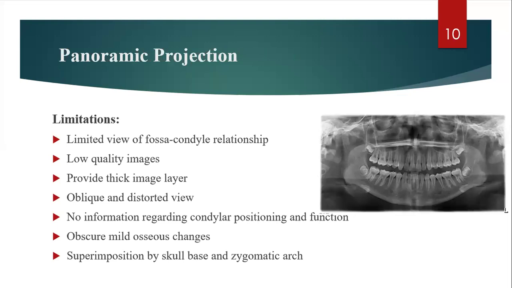But the limitations of a panoramic projection include a limited view of the condyle-fossa relationship and low quality images. A thicker layer view of the structures is given, so the TMJ will be oblique and a distorted view is obtained. Also, mild osseous changes will be obscured.